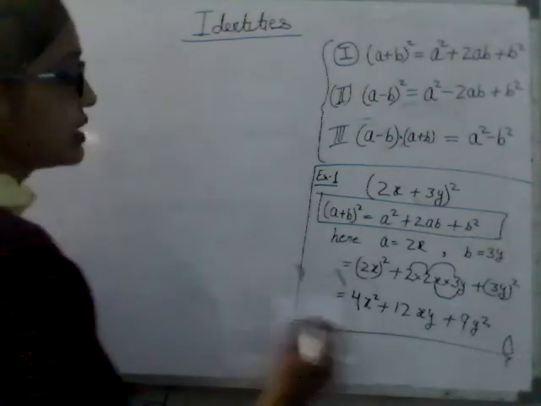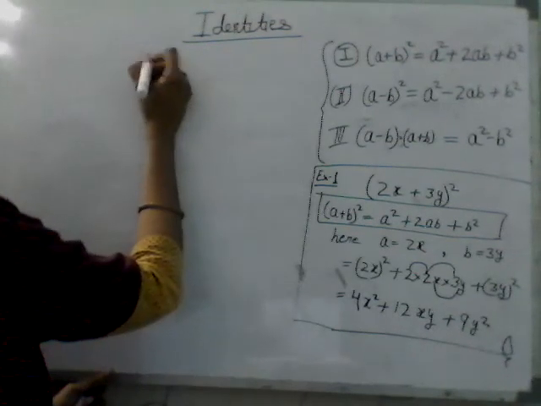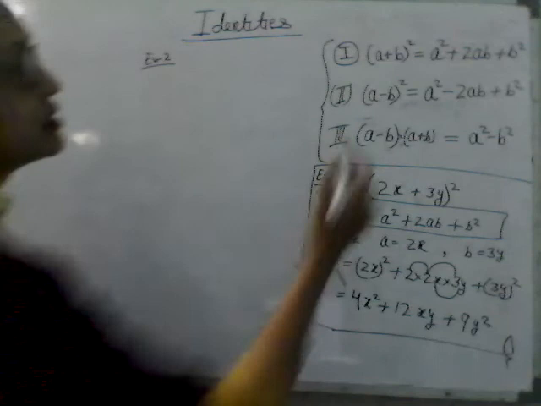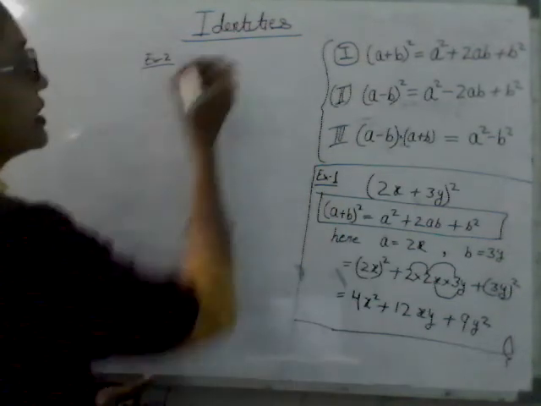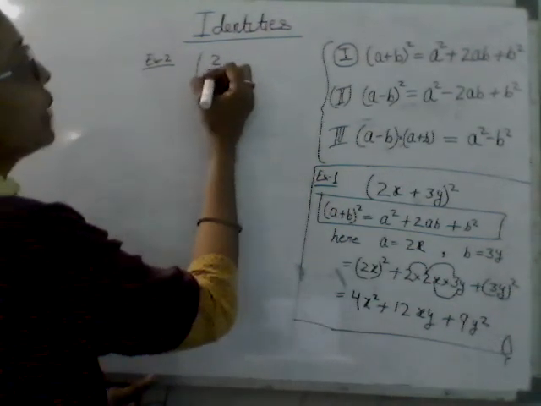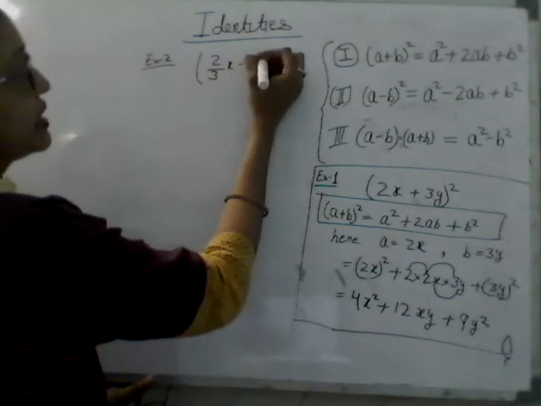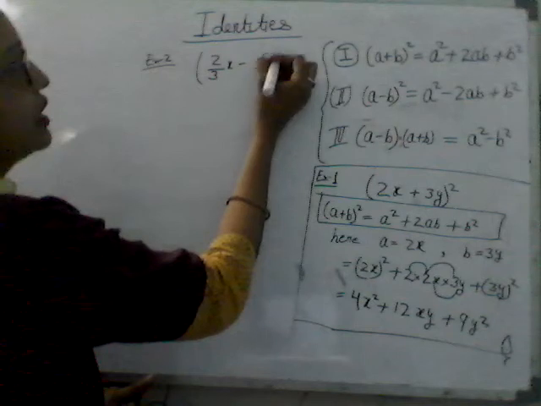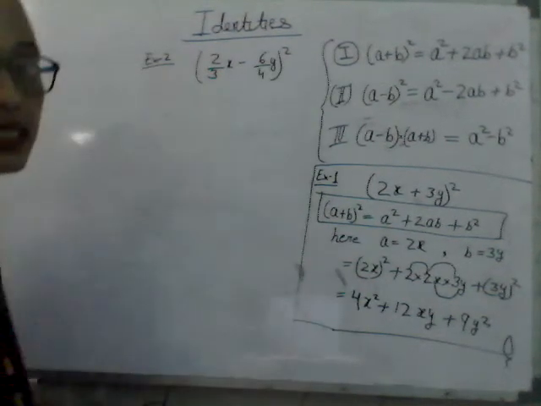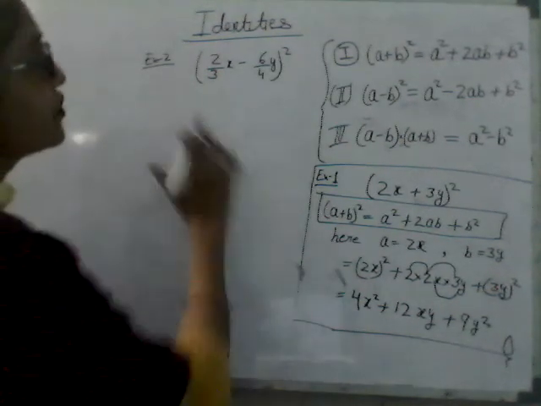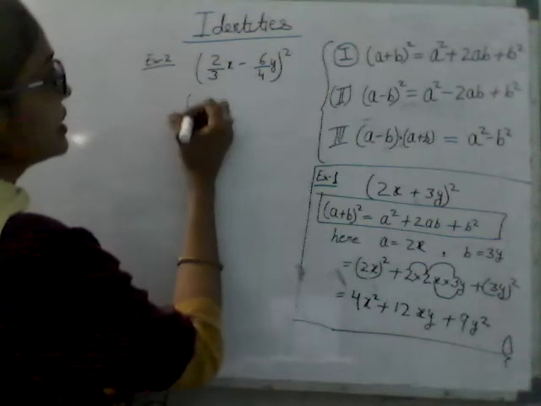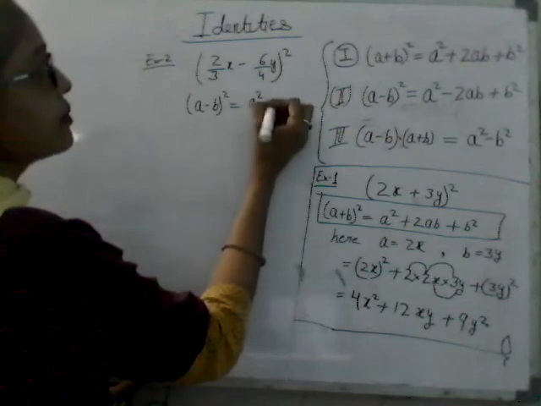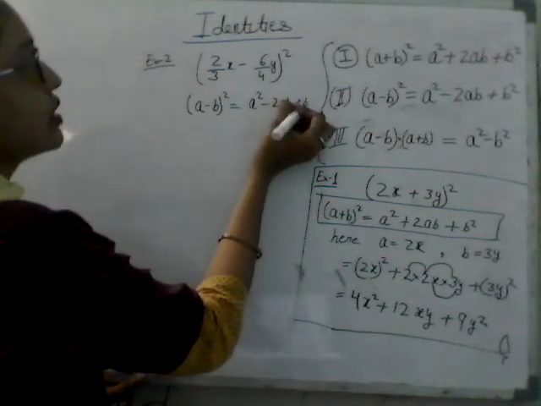Now we take some other example. Example 2, using the second identity. Let us suppose (2 upon 3x minus 6 upon 4y) whole square. This is the example. Now we use the second identity, (a minus b) whole square equals a square minus 2ab plus b square.